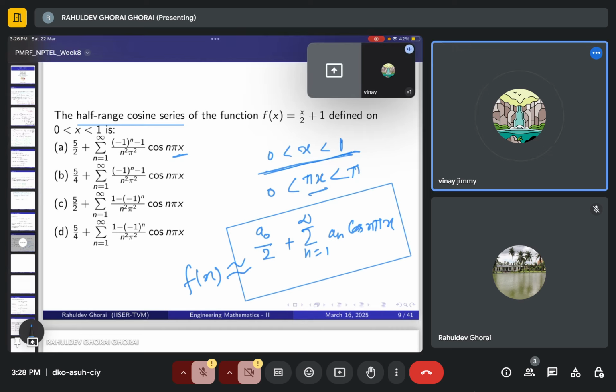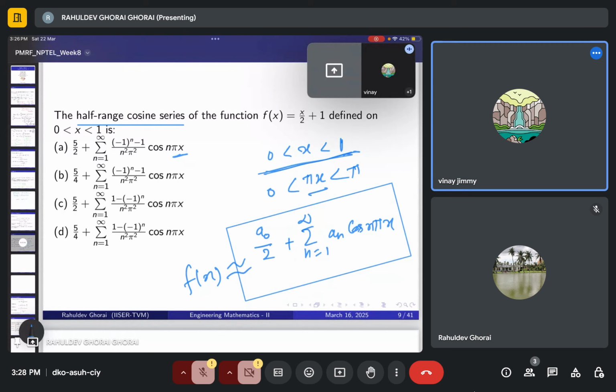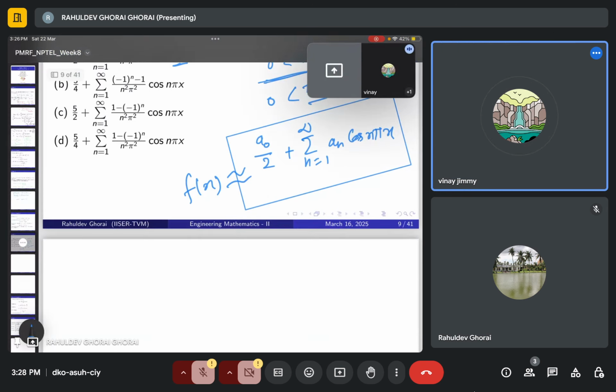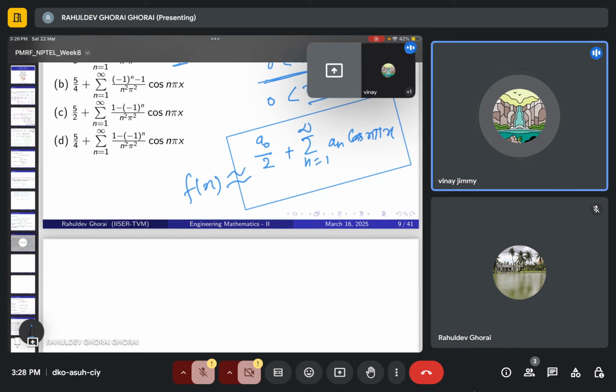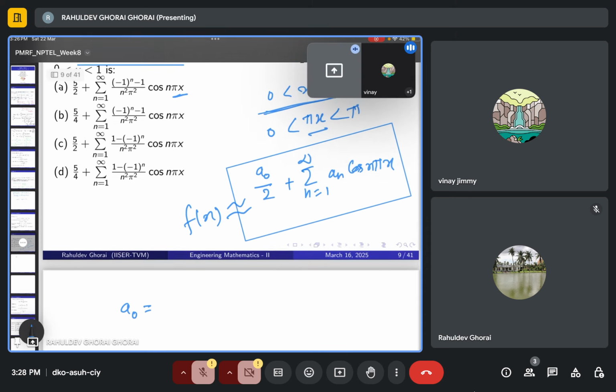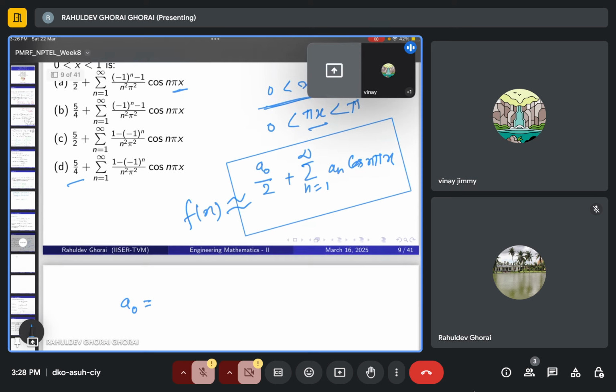Sir, B option. Okay. How did you get that? What is your a naught? Sir, a naught is 5 by 4. No, if a naught is 5 by 4, then the total answer will be 5 by 8, right? A naught should be 5 by 2.